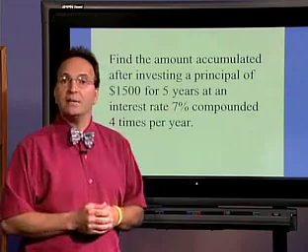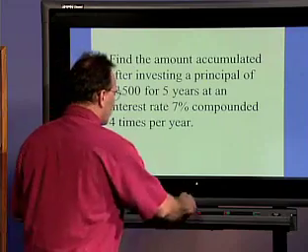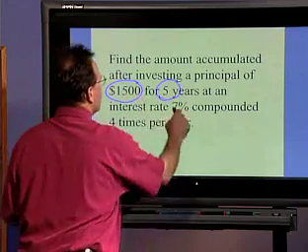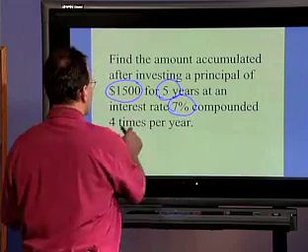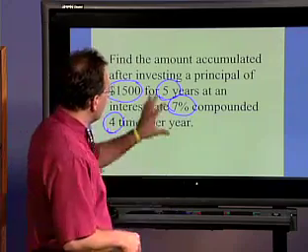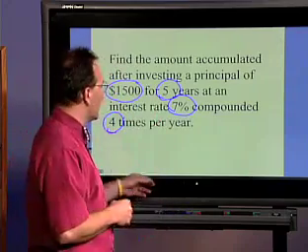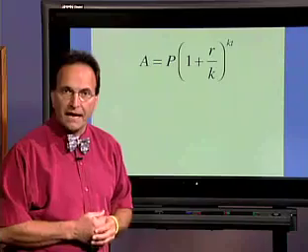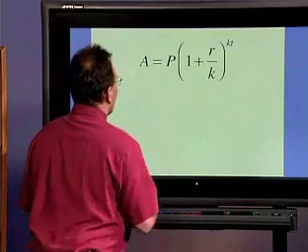All right, so the important information, of course, is the 1,500. It's 5 years, 7% is the interest rate, compounded 4 times per year. So that's the information we need, and we would plug it into this formula that we just looked at. So let's do that now.